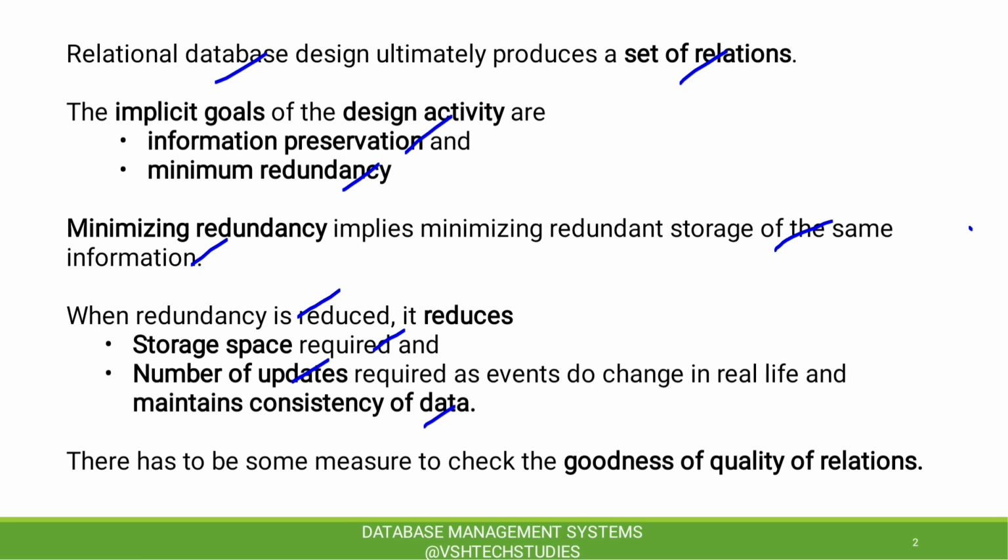It means that in all the multiple copies of data, the same correct data is available; that is called consistency. So whenever relations are designed for an application in the relational database design, there must be some measure to check the goodness or quality of relations.